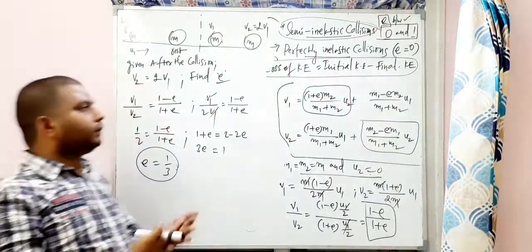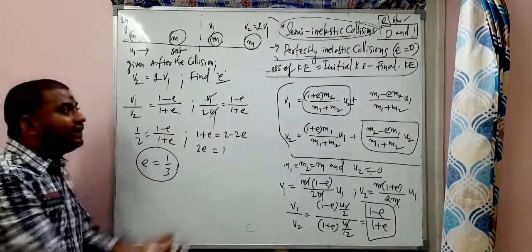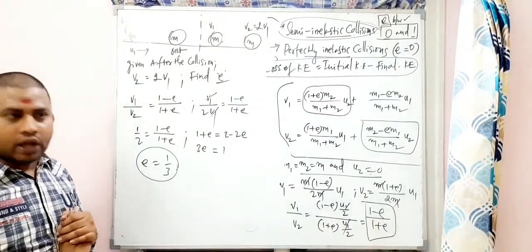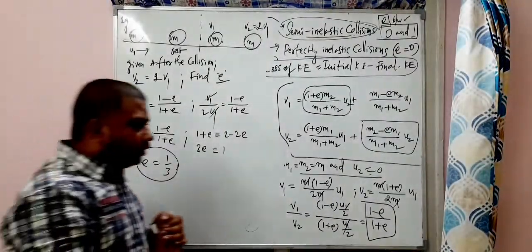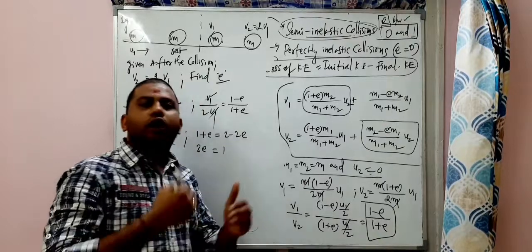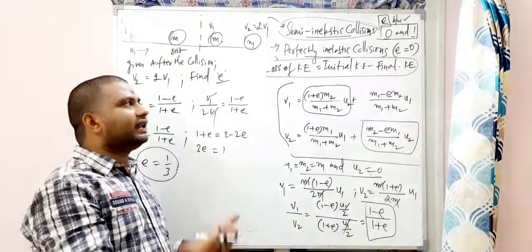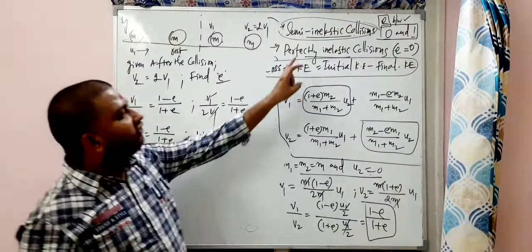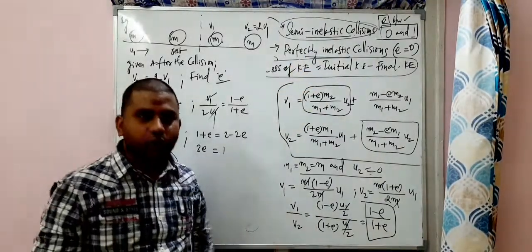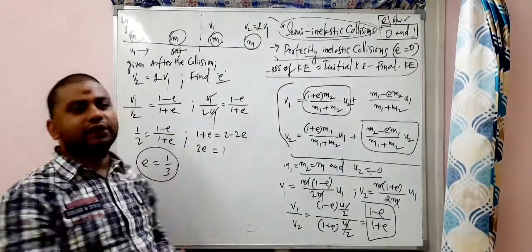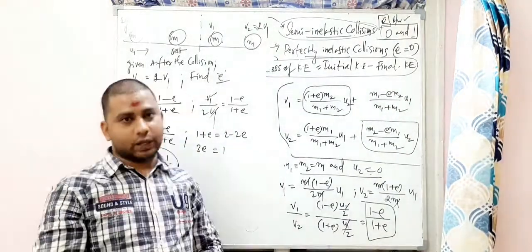So this is how a semi-inelastic collision is discussed. And there are some more models of questions based on semi-inelastic collisions. Once we finish perfectly inelastic collisions, we'll discuss some numericals related to semi-inelastic collisions.